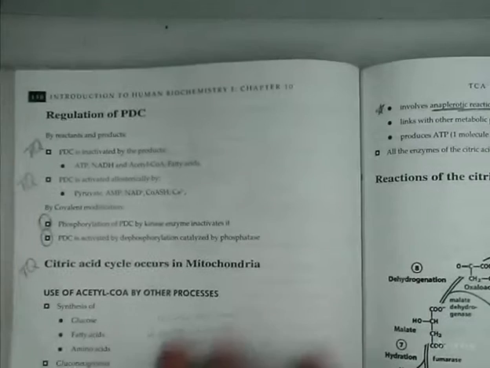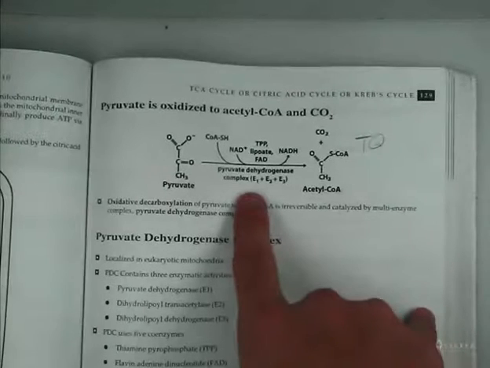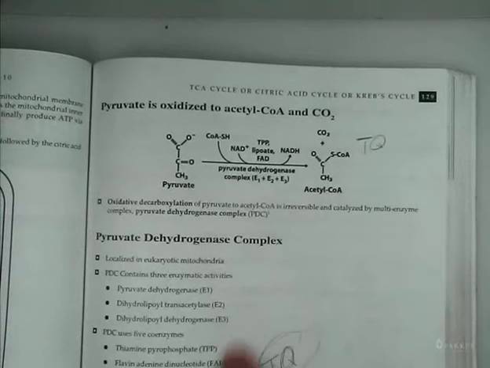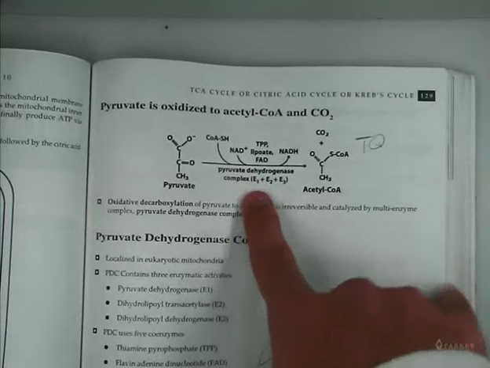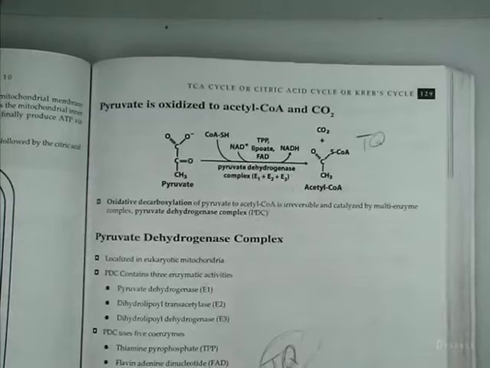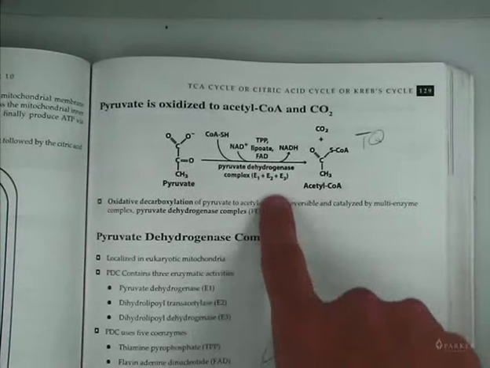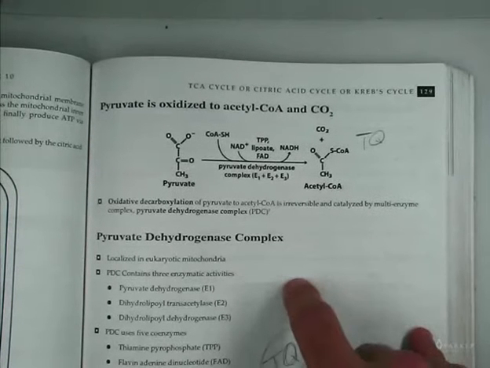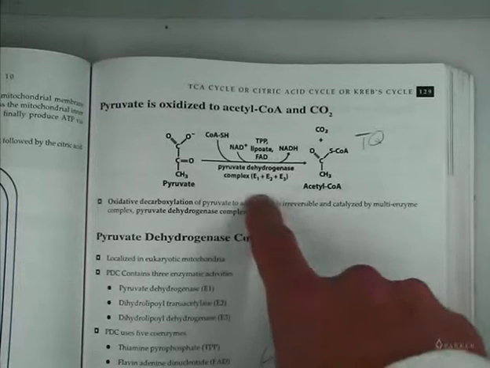The PDC is just that whole equation? Yeah, so the PDC is the complex. It's called a complex because there's 3 different enzymes all working together. Besides the enzymes, what else do we need to know from that?